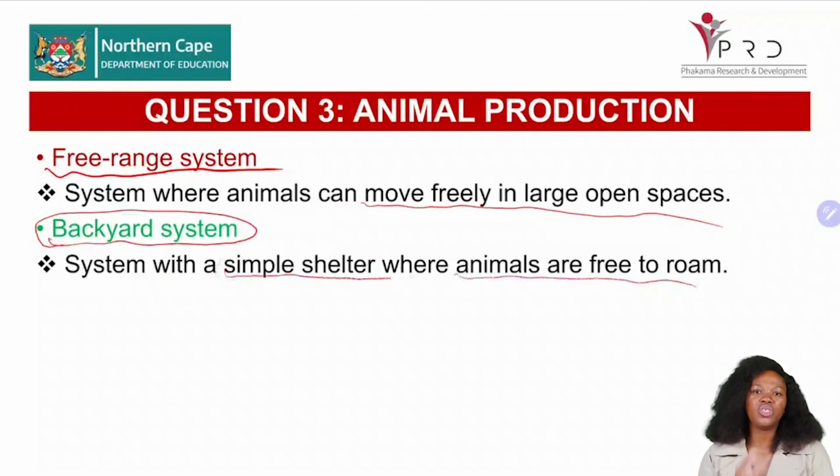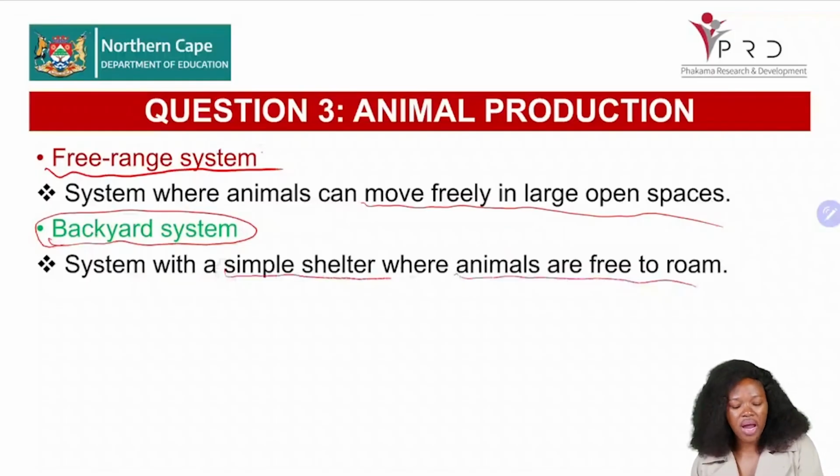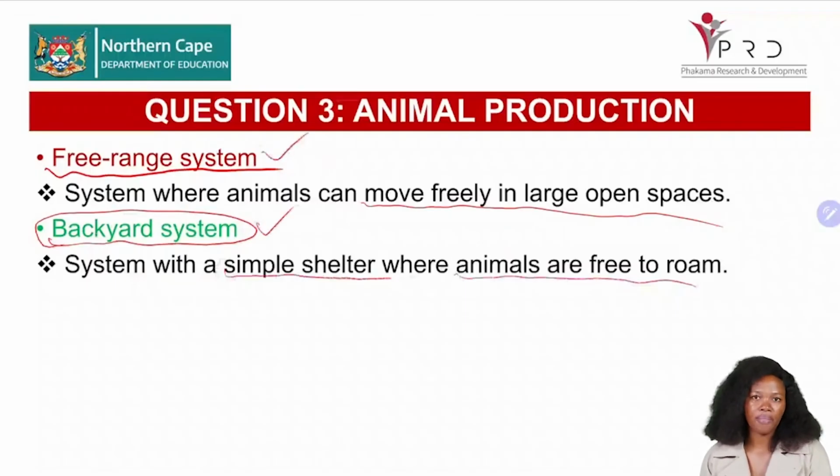The backyard is used by individuals with enough space in their homes where they will turn garages, or change whatever shelter into the chicken shelter or the pig's shelter. Now, there are advantages and disadvantages of raising chickens or pigs under free range system or under backyard system.